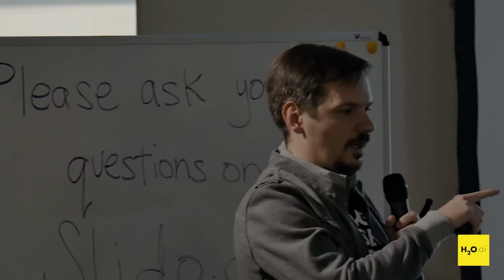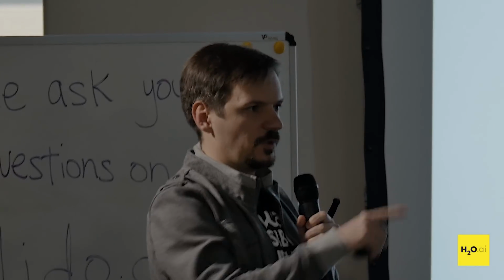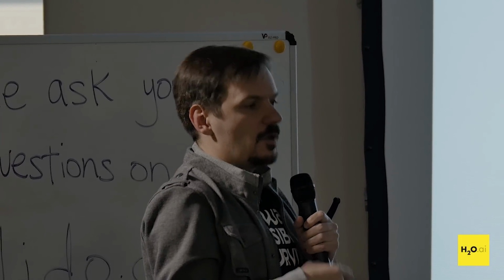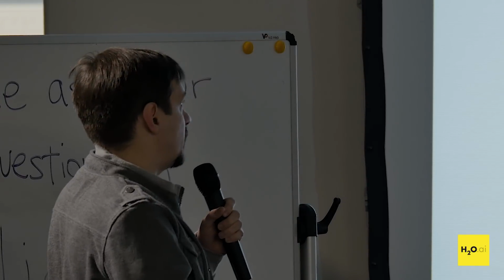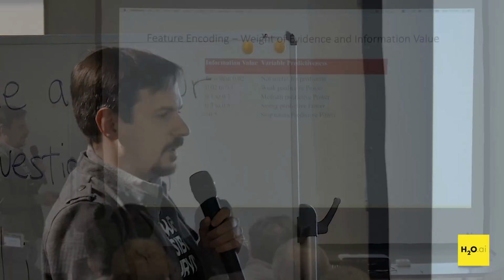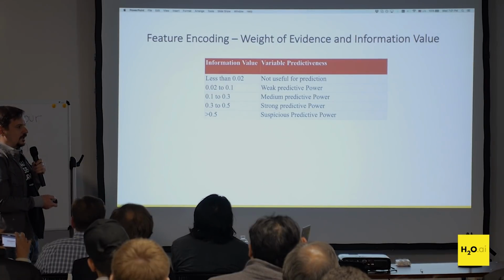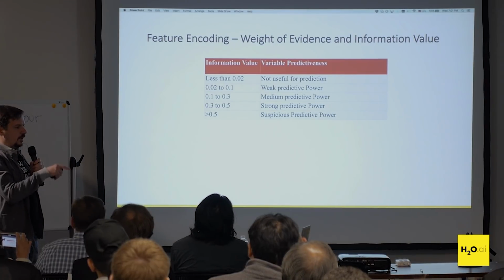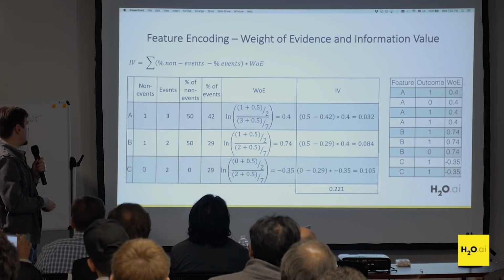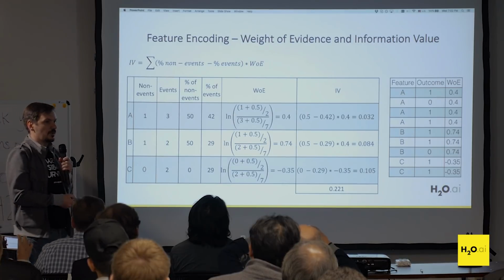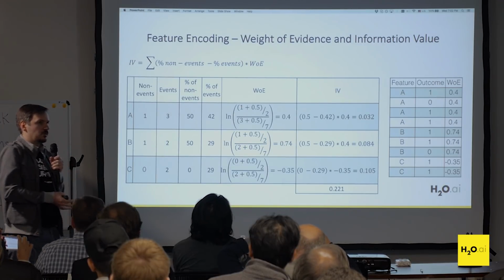You can binarize it by using quantiles, for example. But you also can play with these quantiles and merge some of them, looking at the information value of the whole column. Or let's say you quantize your numerical value and calculate weight of evidence. If your category levels have the same weight of evidence, you can merge them together, because for a machine learning algorithm there is no difference between them.